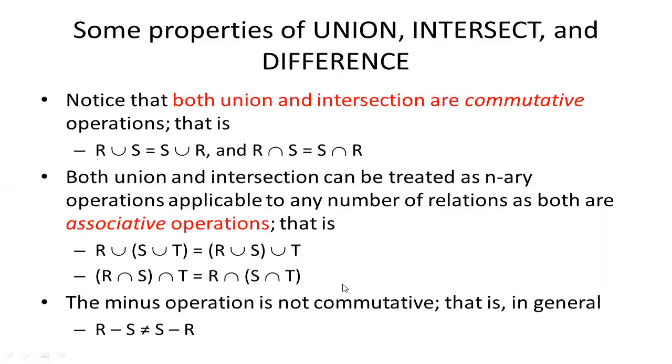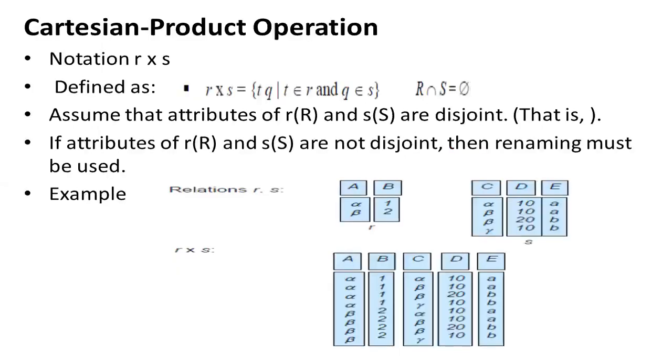Okay, so next we will discuss the Cartesian product operation. Here you can use R and S, where R is one relation and S is another relation. As I told you already, a relation is nothing but a table. It can be defined as R times S equals the set of tuples tq, where t belongs to R and q belongs to S. That is, R intersection S equals null, right?